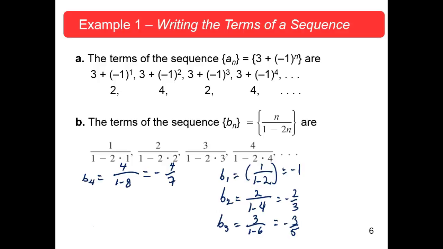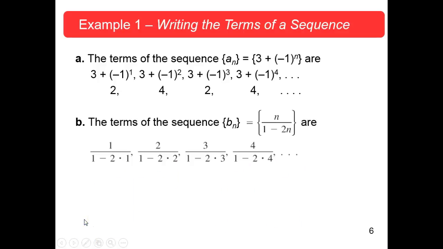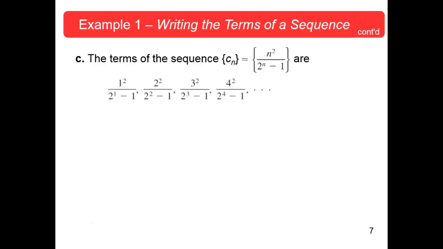They're never going to reach zero, but they are increasing, so they seem like they would have a limit. Rather strange sequence, but definitely a sequence. So let me erase this, and we'll see how they did it. Negative 1, negative 2/3, negative 3/5, negative 4/7, and so on. These are just sequences.